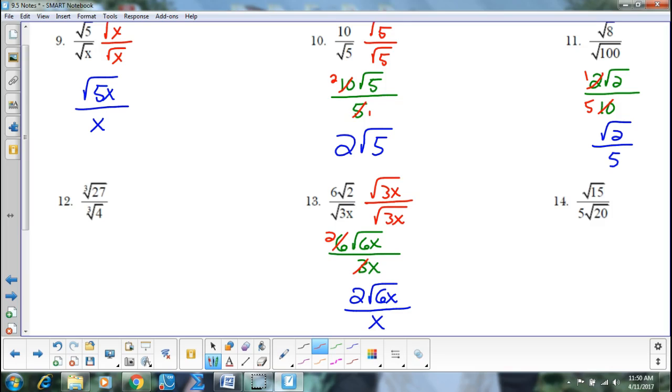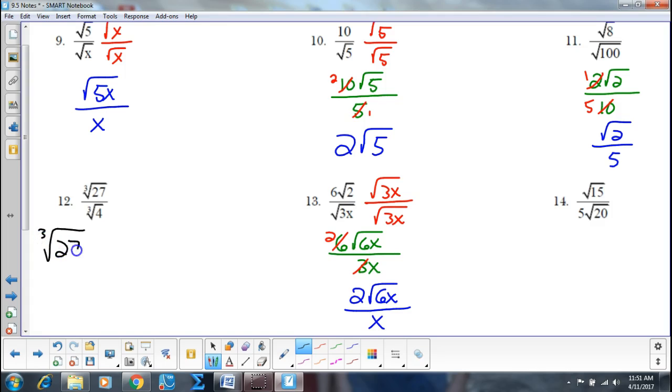So my options here are, I could take this and go the cube root of 27 over the cube root of 4, and I would have to multiply that by the cube root of 16 over the cube root of 16. Can't just do the cube root of 4, because the cube root of 4 times the cube root of 4 is the cube root of 16, and 16 is not a perfect cube.